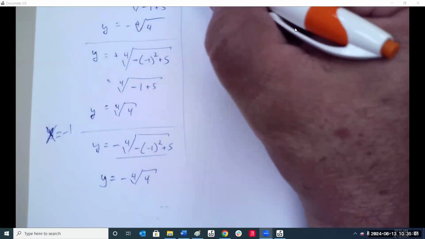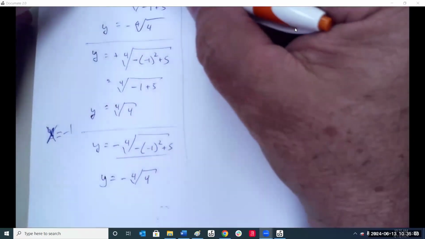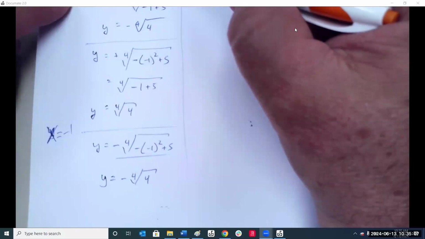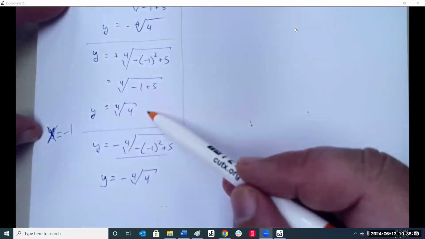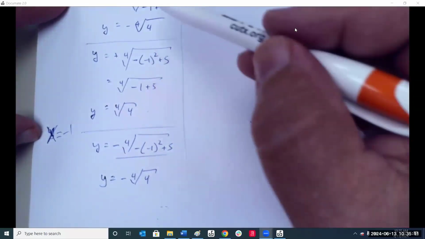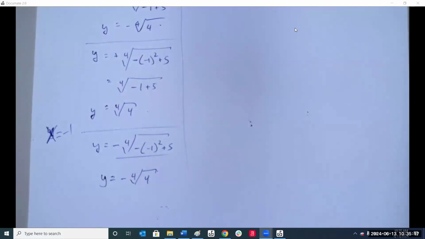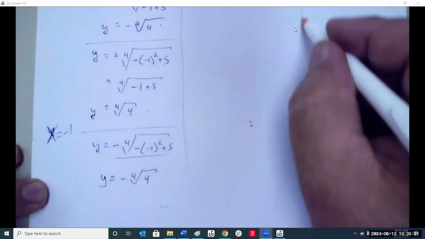Well, yes, because when x is 1, the y value is that. When x is negative 1, the y value is that. When x is 1, it's this and this. So it is symmetric about the x-axis. Is it symmetric about the y-axis?